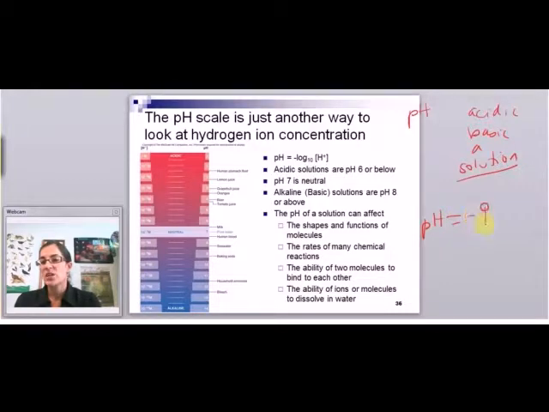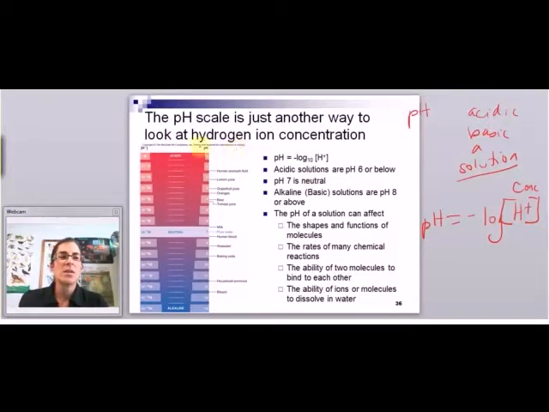So pH is equal to the negative log of the H plus concentration. So this symbol just means concentration. So log, if you're not familiar with it, is basically just a mathematical manipulation. It's not adding or any other variables or anything like that. It's just taking numbers and making them either smaller or bigger so that they're easier to work with.